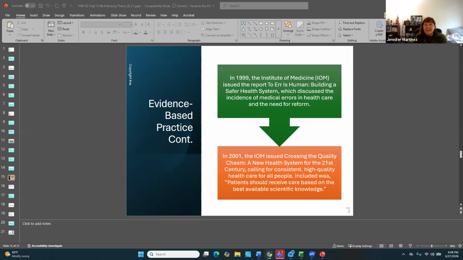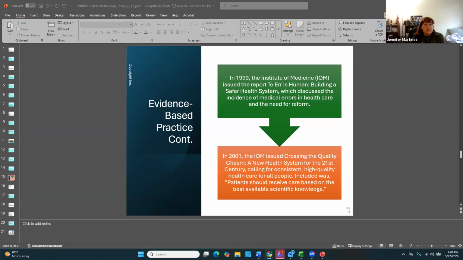I can't remember what the actual cost was, but it basically outlined the number of medical errors and their effects.